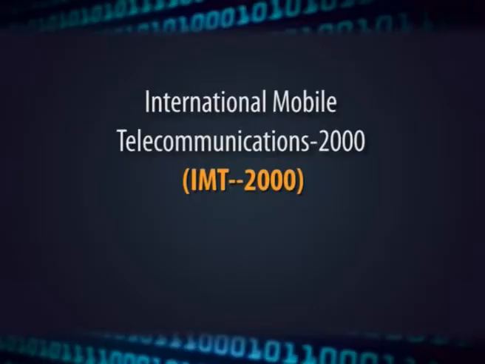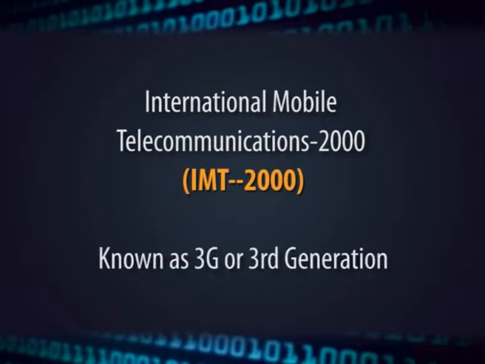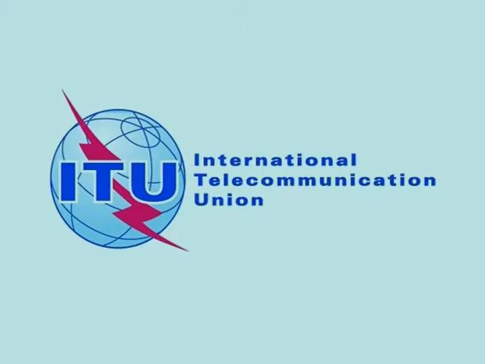International Mobile Telecommunication 2000 (IMT-2000), better known as 3G or third generation, is a generation of standards for mobile phones and mobile telecommunication services fulfilling specifications by the International Telecommunication Union.